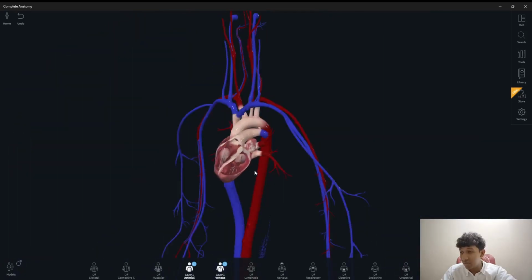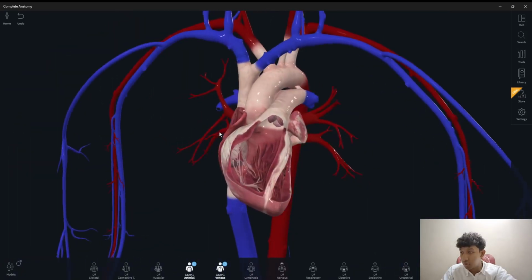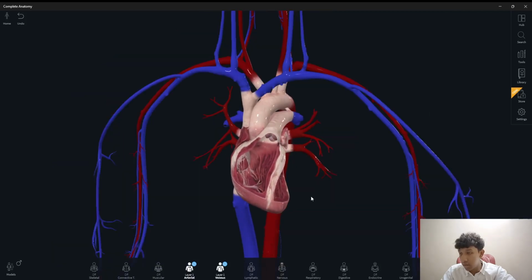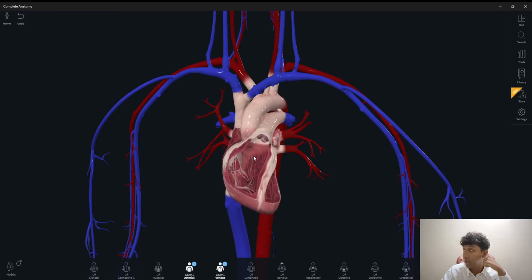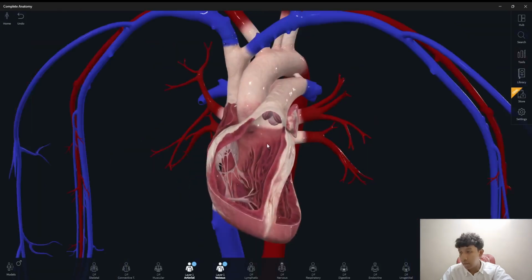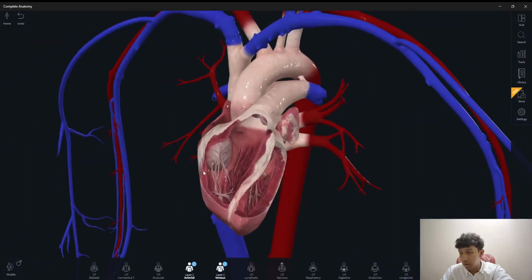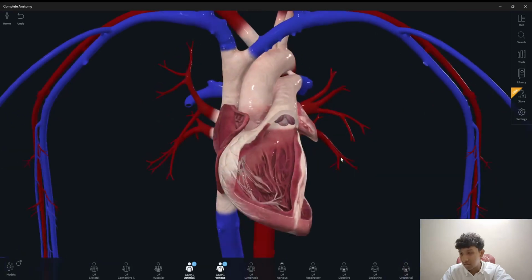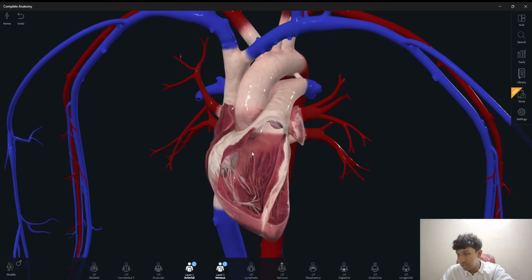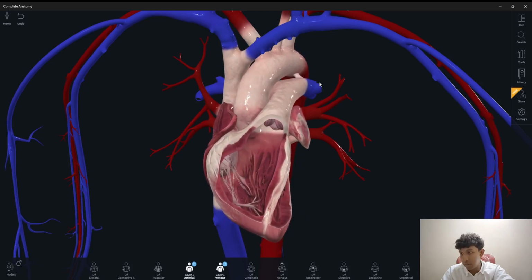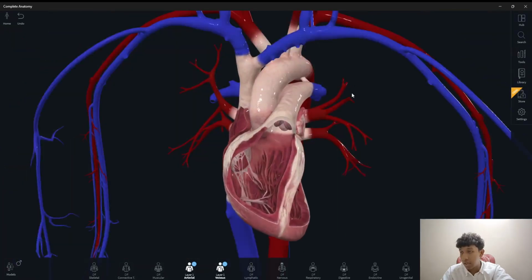The blood that travels from the superior vena cava and inferior vena cava all the way through the dextra atrium and dextra ventricle is deoxygenated, meaning it doesn't have oxygen in it. The dextra atrium and dextra ventricle play the role of bringing the blood into the lungs to get oxygen.